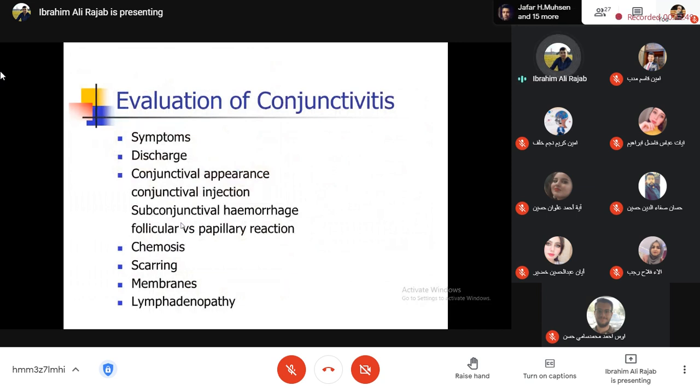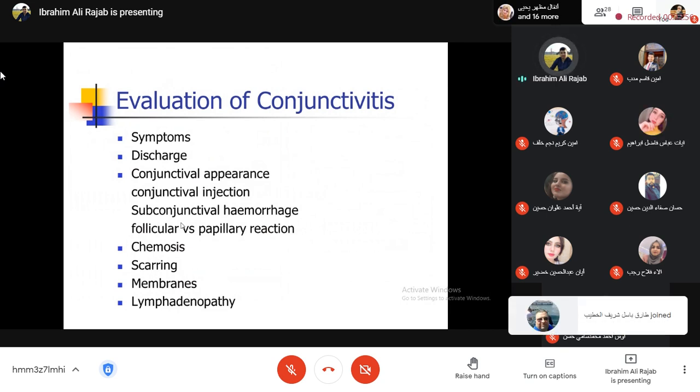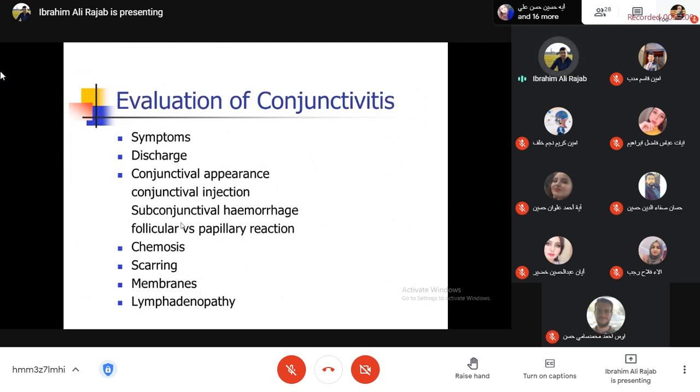We see this list of evaluation of the conjunctivitis by asking and examining these symptoms and signs. We mostly will reach the diagnosis, the cause of conjunctivitis. So if the patient presents, I will follow this evaluation list.